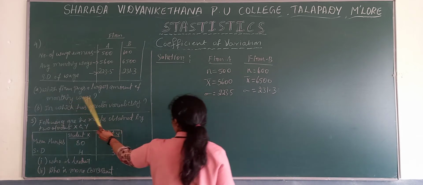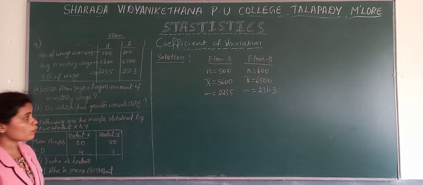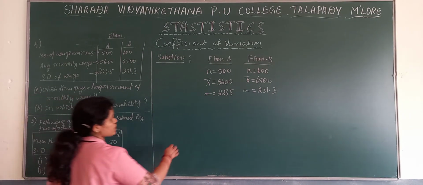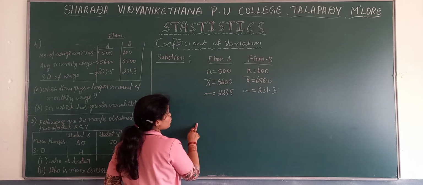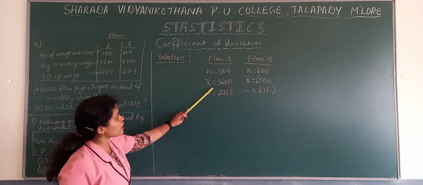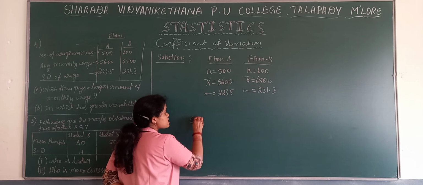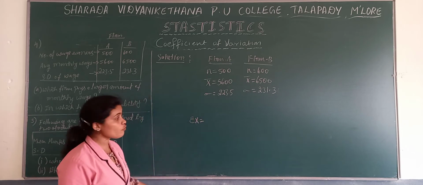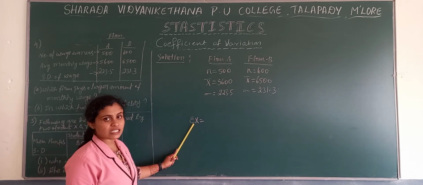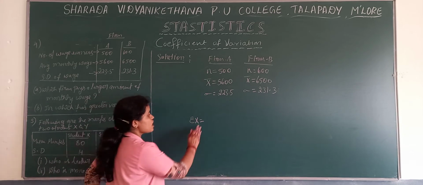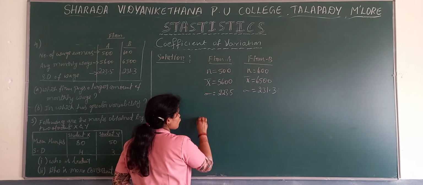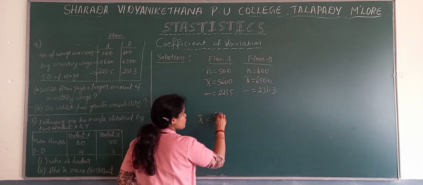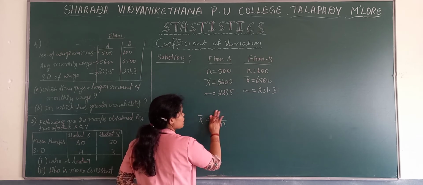Now see the first question: which firm pays larger amount of monthly wage? How do we need to calculate the larger amount of monthly wage? That is nothing but your sigma x, the total number of wages. In case of mean, it is sigma x by n.